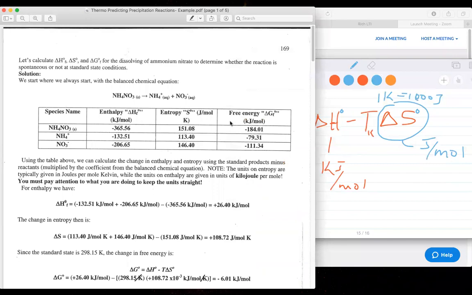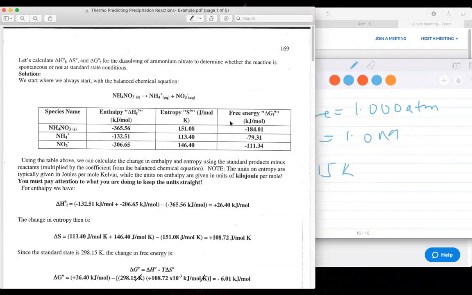Now, from this equation, we can calculate each one of them. For example, let me just show you how you can calculate the change in Gibbs free energy at standard state for formation. That is given by the summation of M, for products, minus the summation of N, for reactants.